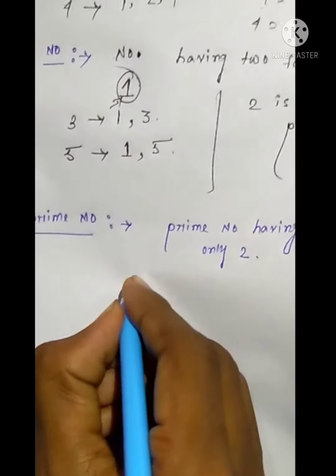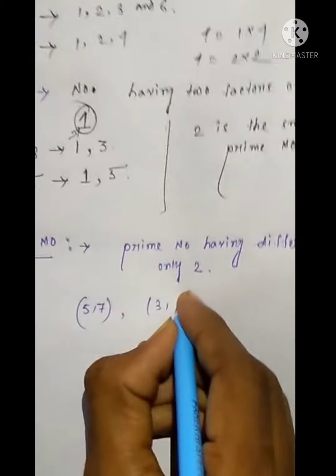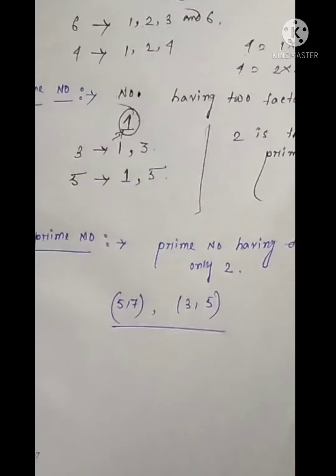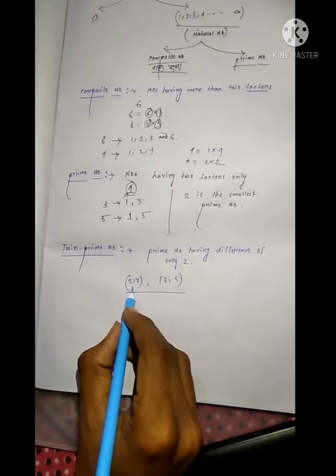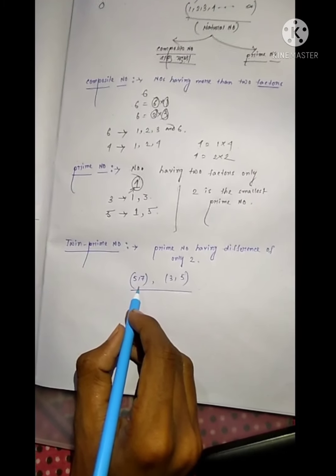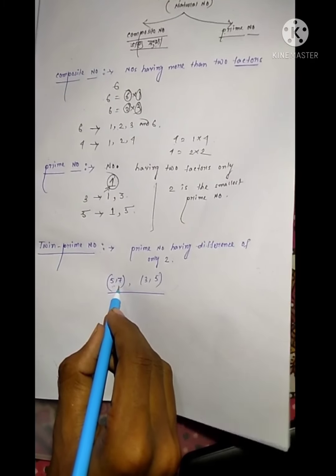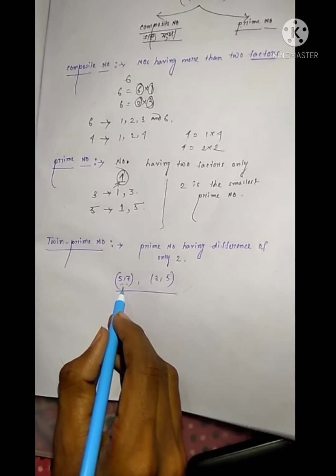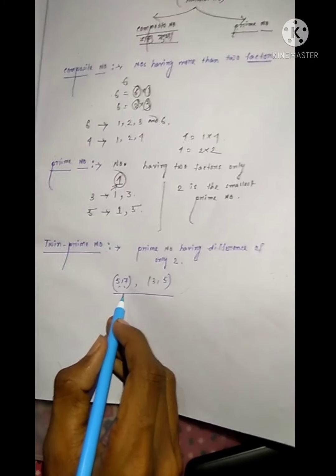That is, if I say 5 and 7, or 3 and 5, these are examples of twin prime numbers. Here you have to remember the difference should be only 2 and both the numbers should be prime numbers. For example, 5 and 7: the difference 7 minus 5 is equal to 2, and 5 and 7 both are prime numbers.